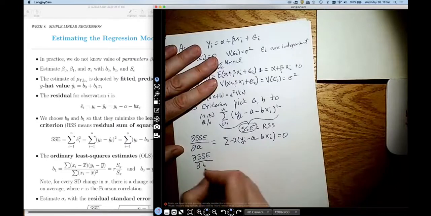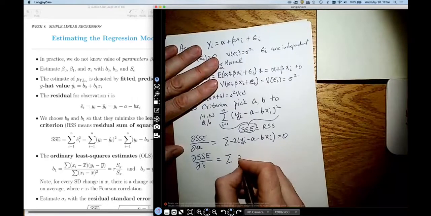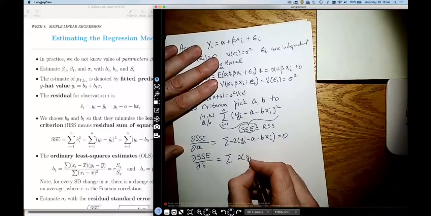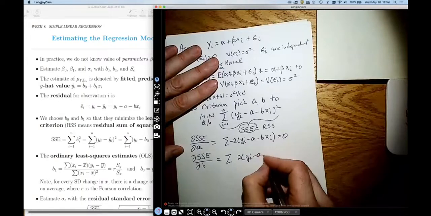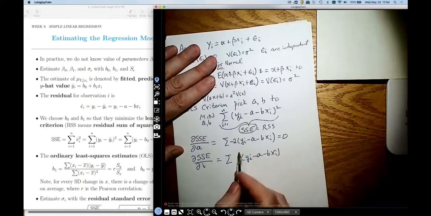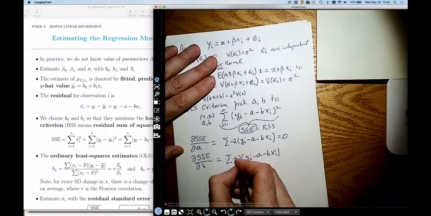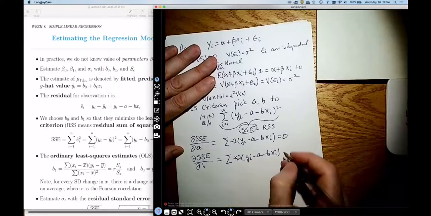Then we have to go find the derivative with respect to B, and this is going to be something really similar. So it's going to be the sum, and it's going to be the same thing, y sub i minus A minus B x sub i. Now I have to take the derivative of this base with respect to B, which is negative x sub i. So negative x sub i, times 2 of this.